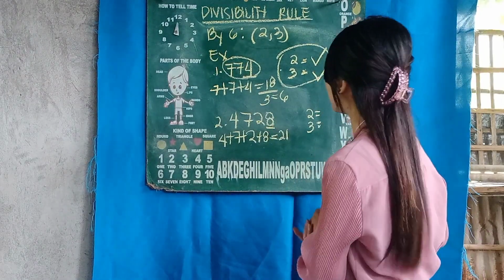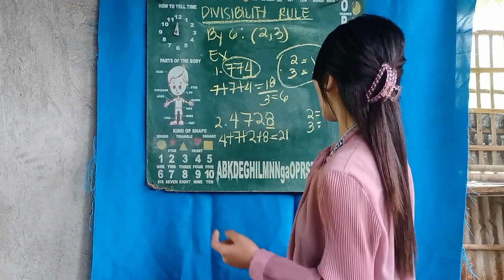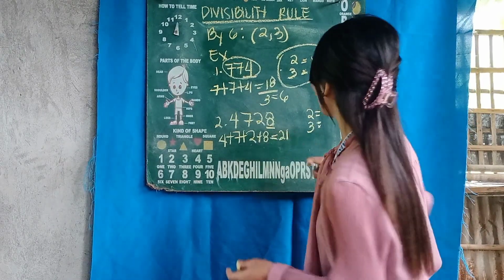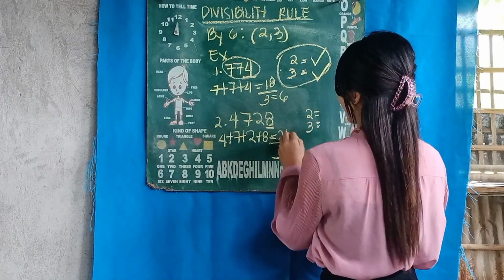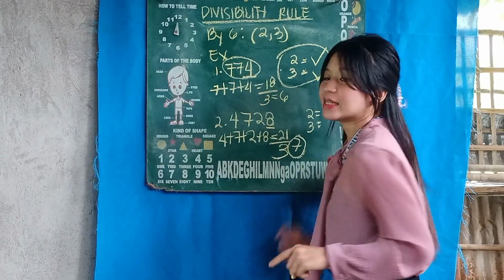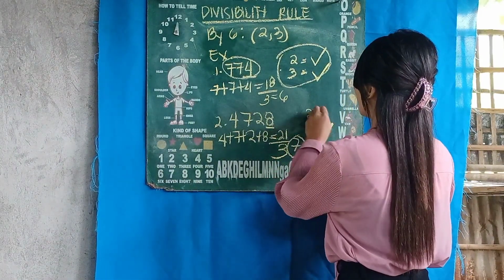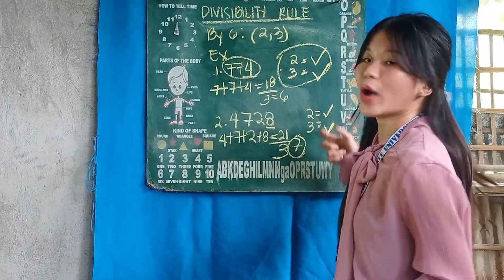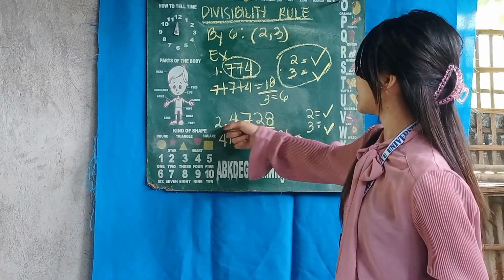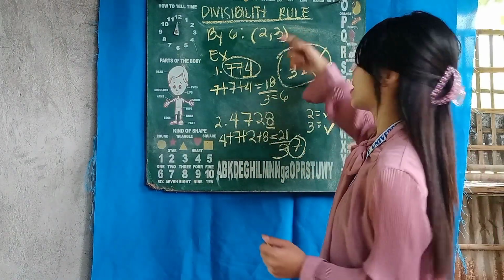Is 21 divisible by 3? Yes, of course. Because 21 divided by 3 is equal to 7. That doesn't have any remainder. So, ibig sabihin, check. They are both divisible by 2 and 3. 4,728 is divisible by 6.